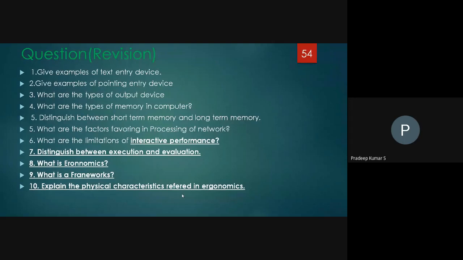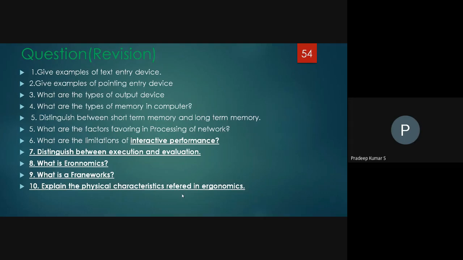Next, execution and evaluation, which I told in the previous slide also. Execution is, according to the input, what operation is performed and what the output is. From the execution comes the output, and whether it meets all the criteria or not is the evaluation. Ergonomics tells the physical characteristics of the interaction.